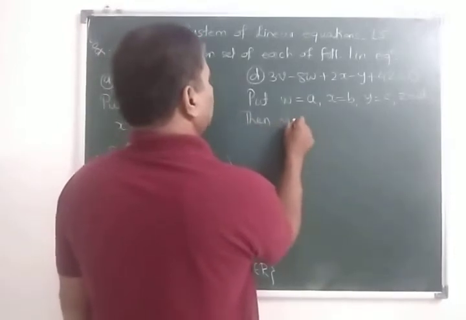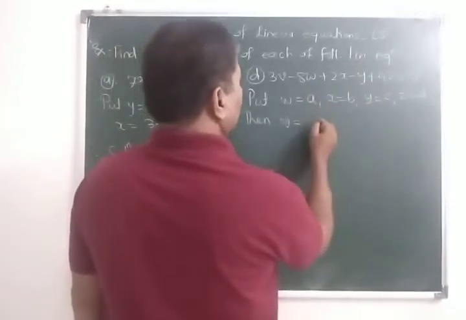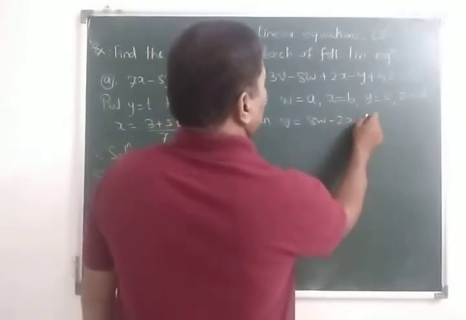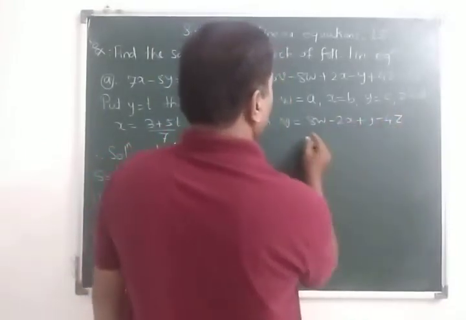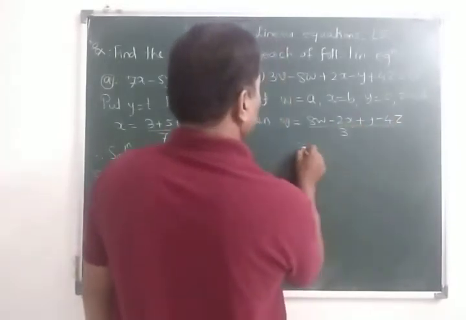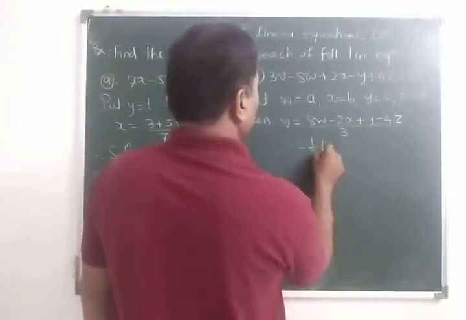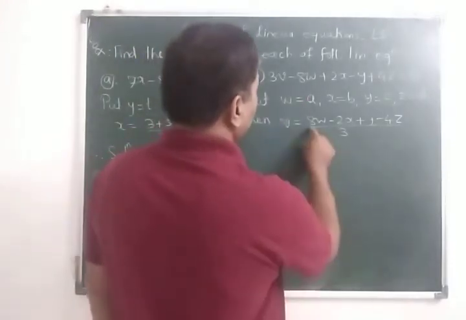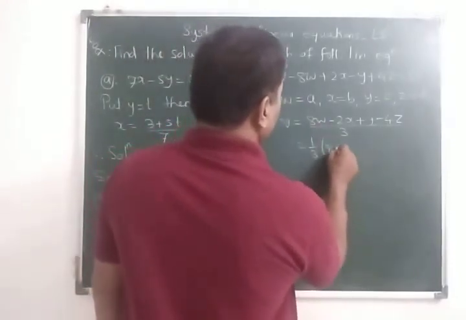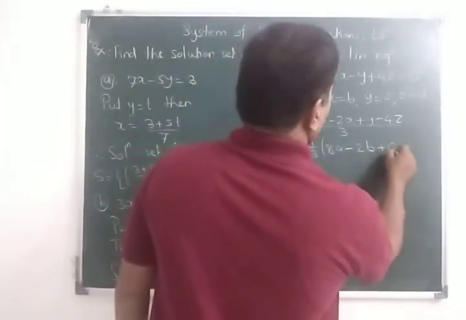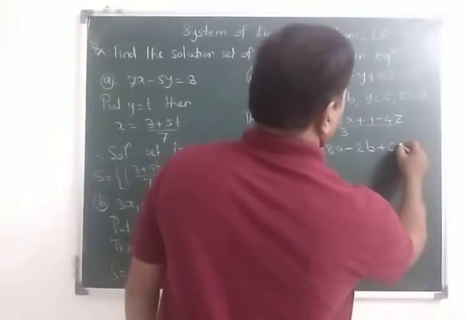Then your v will become, taking that on the other side, (8w minus 2x plus y minus 4z) upon 3, which is 1 by 3 in bracket, 8w means 8a minus 2b plus c minus 4d.